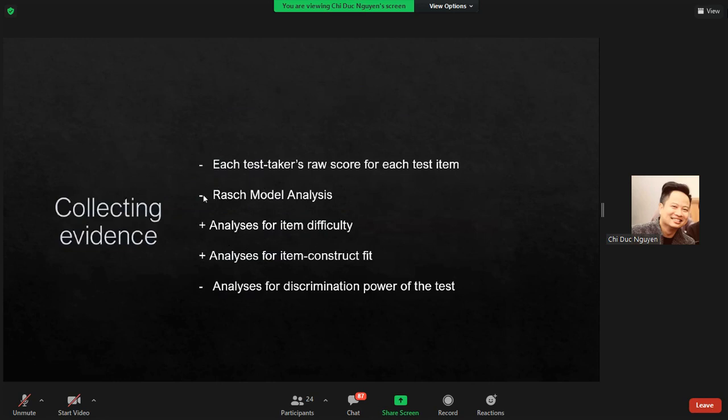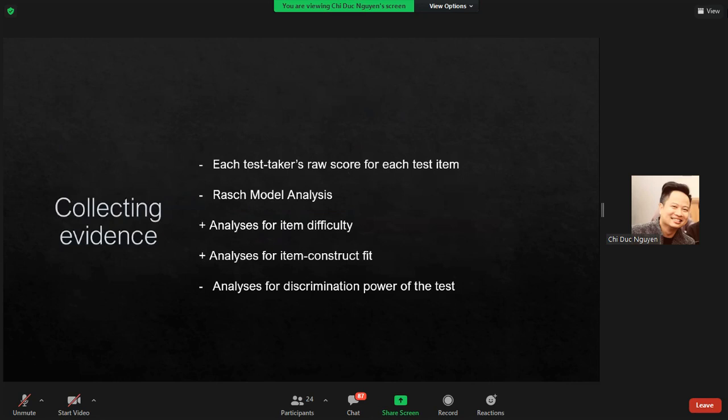Okay, you go into the Rasch model analysis, and they ask you to input the raw score of each student for each item. And after that, you hit the submit button, and you can go into different kind of outcomes and select them out. It's just like the Excel, and the Excel, you have different kind of analysis, right?